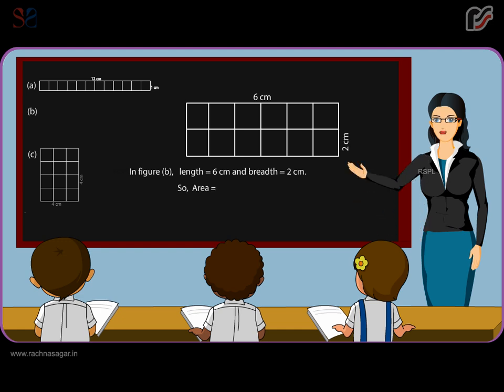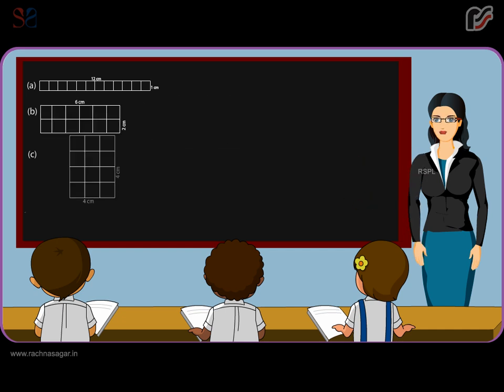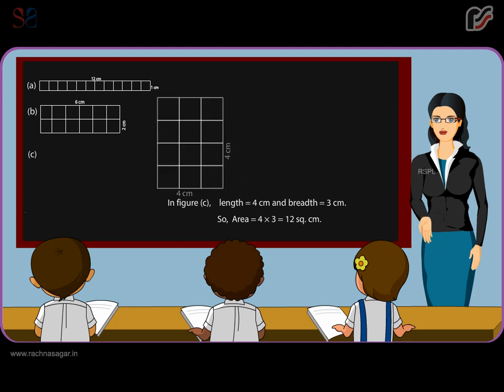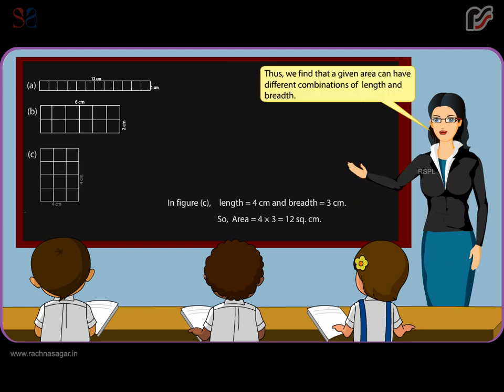So, area is equal to 6 into 2 is equal to 12 square centimeter. In figure C, length is equal to 4 centimeter and breadth is equal to 3 centimeter. So, area is equal to 4 into 3 is equal to 12 square centimeter. Thus, we find that a given area can have different combinations of length and breadth.